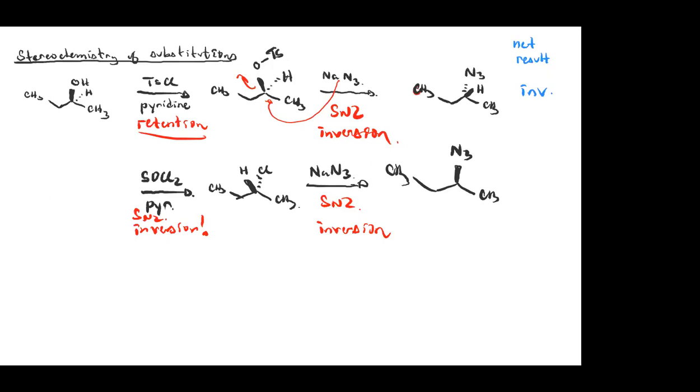If I sulfonate and then displace, it's a formal inversion of the alcohol. If I do my thionyl chloride reaction and then displace again, it's a double inversion. So it's a formal stereoretentive SN2 substitution.